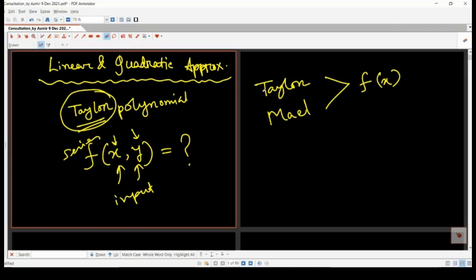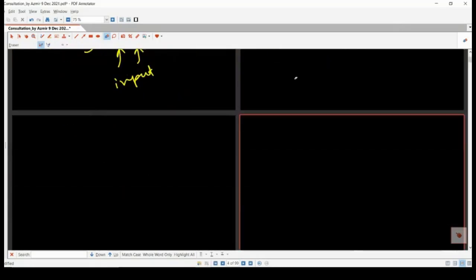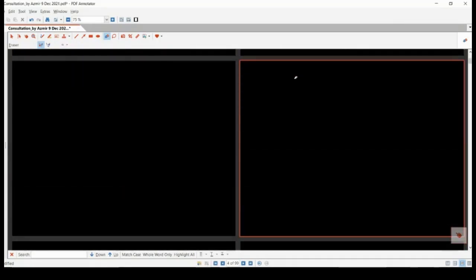So in the Taylor polynomial for a function of several variables, or say two variables, there will be two concepts that you have to understand.